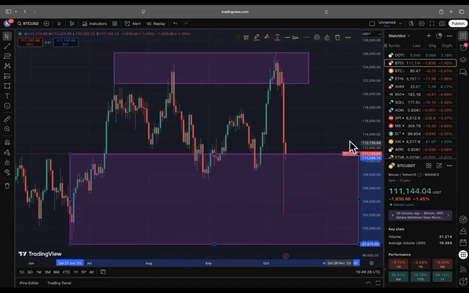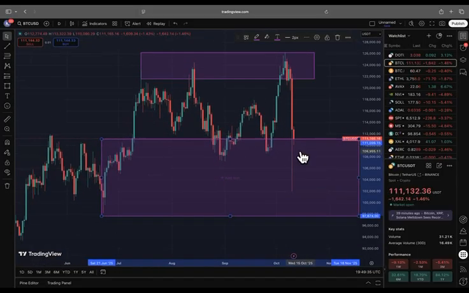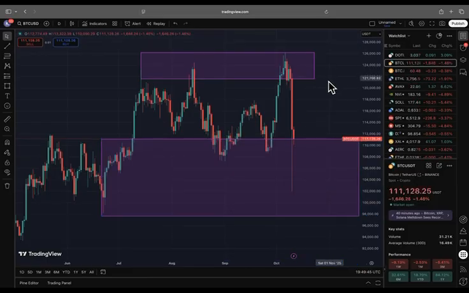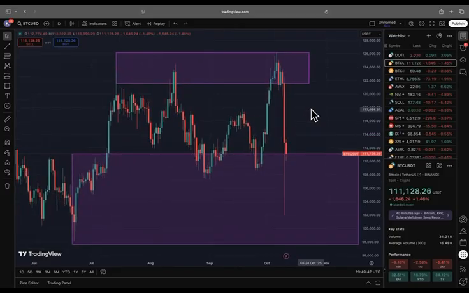So since we broke above it, it's been acting as support. Like Clovis said, when a resistance is broken, it becomes support. So let's make this box incredibly big. I wouldn't bid here to stop all the way down here. That's crazy. The reward could still be a 1-to-1 reward ratio, but I don't take those types of trades.